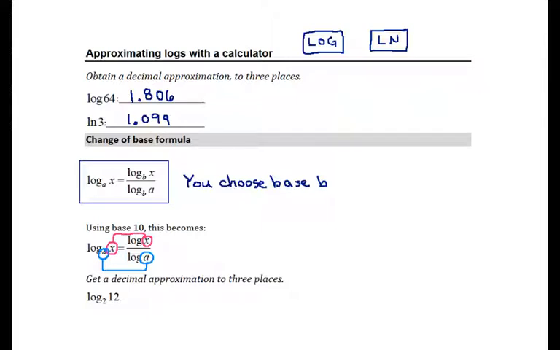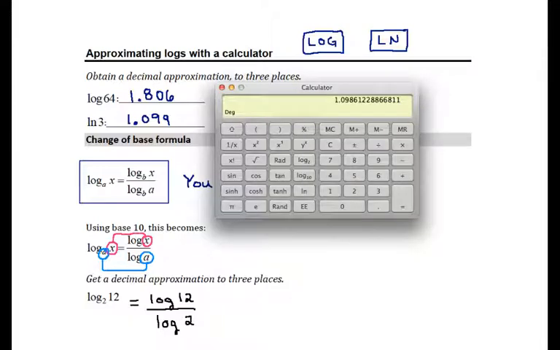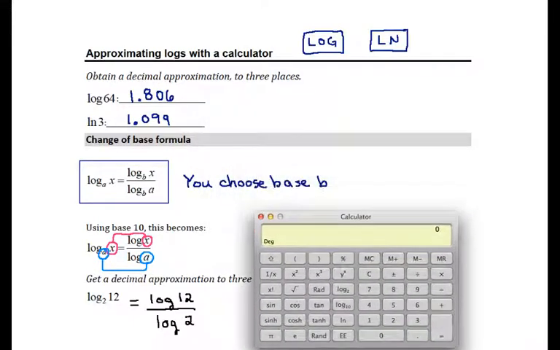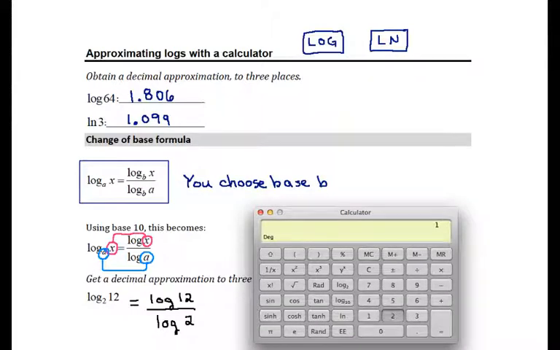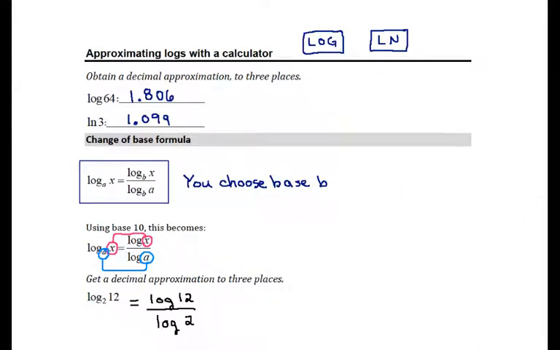So for example, log to base 2 of 12, I could rewrite as the log to base 10 of 12 over the log, again to base 10, of 2. And that will allow me to evaluate it with a calculator. So 12 log divided by 2 log is 3.585 if I round that off.